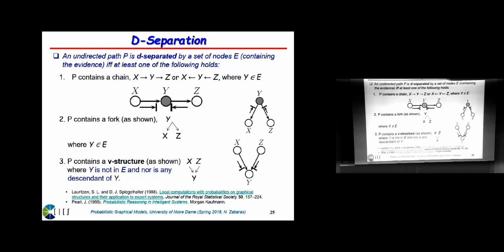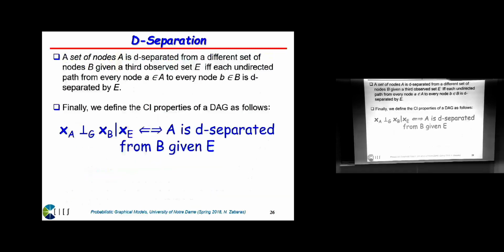What did we say? They were marginally independent, all right? So obviously, if this Y is not observed, I know nothing, X and Z are marginally independent. Once I observe Y, they become dependent. Okay? All right.